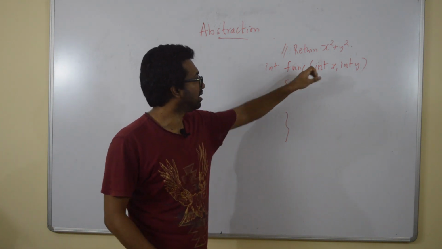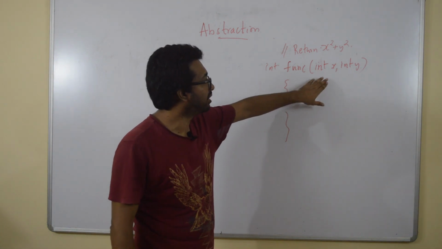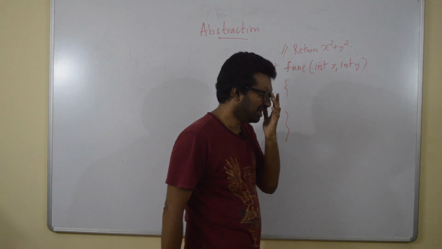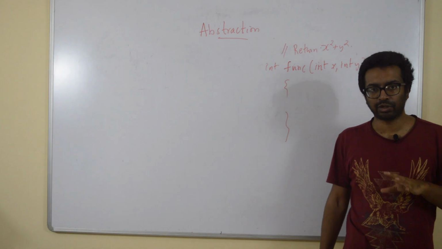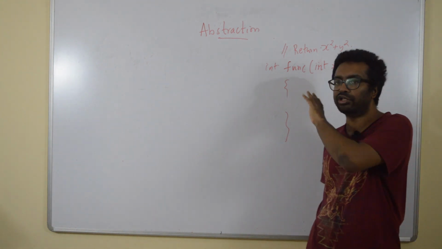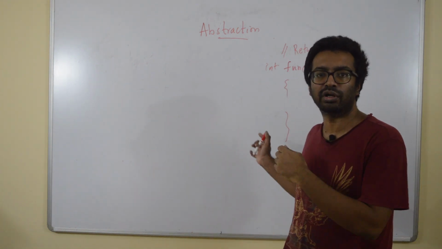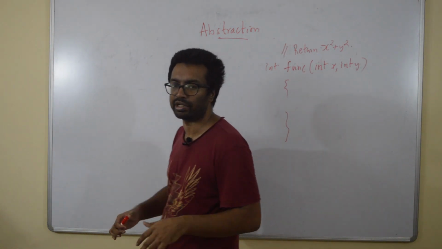So it's going to take both integers and return an integer. And when you say that, you are guaranteeing to anyone who is going to use this function that it's going to return the sum of squares of x and y.